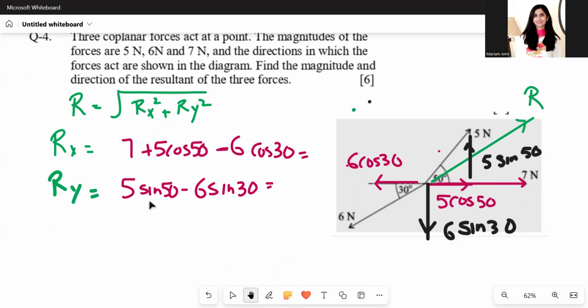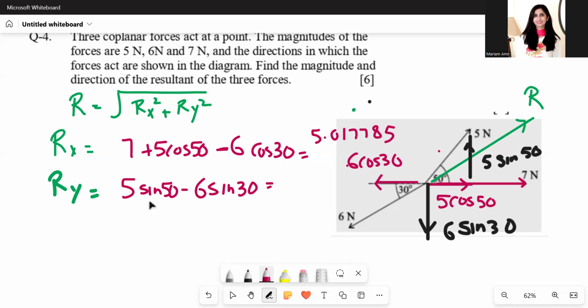7 plus 5 cos 50 minus 6 cos 30, which gives 5.017785. Retain as many decimal values as possible to avoid premature rounding.